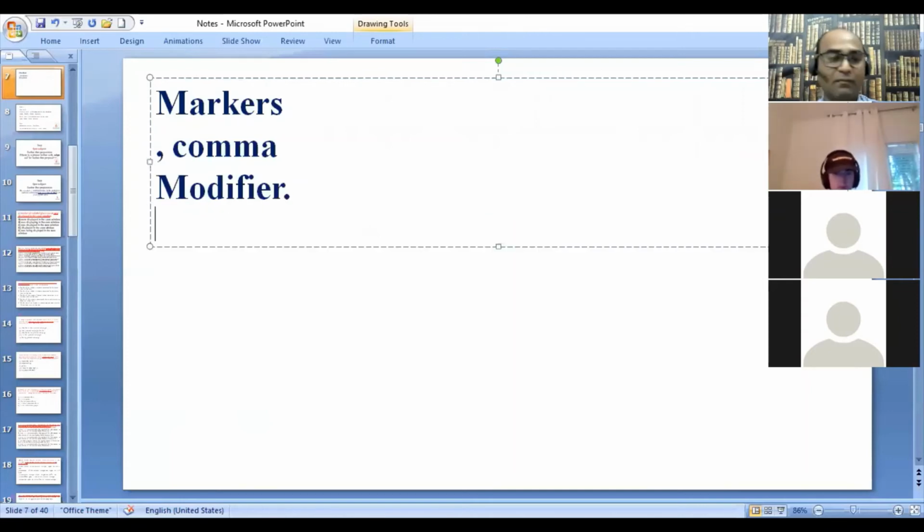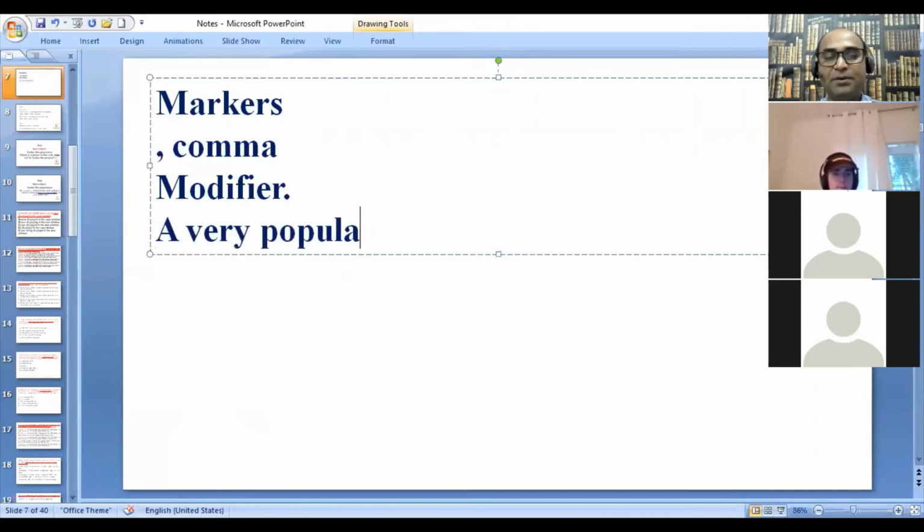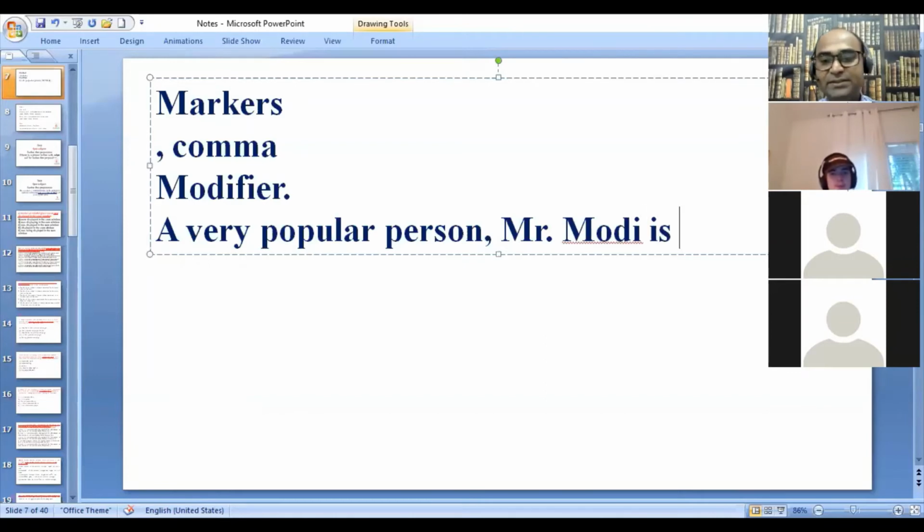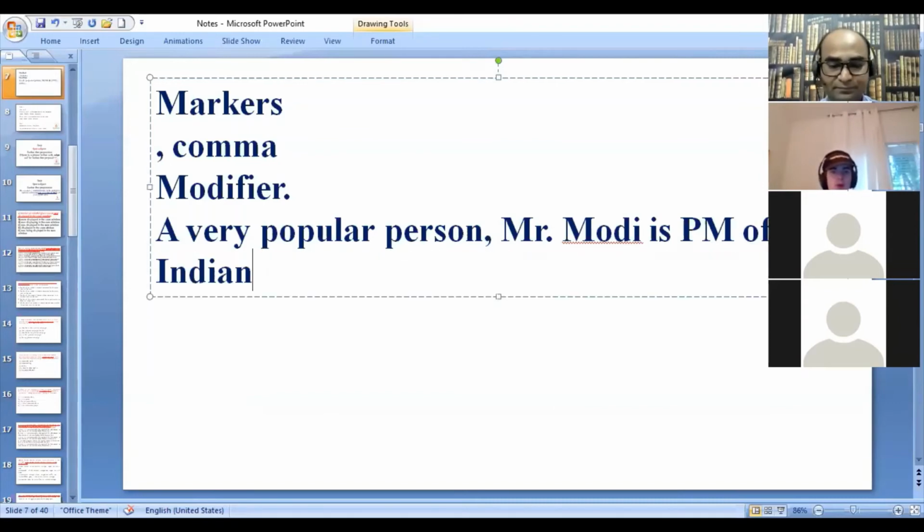Example: a very popular person, Mr. Modi, is PM of India. Now, see, this is your marker, right? So this part is called modifier, information.